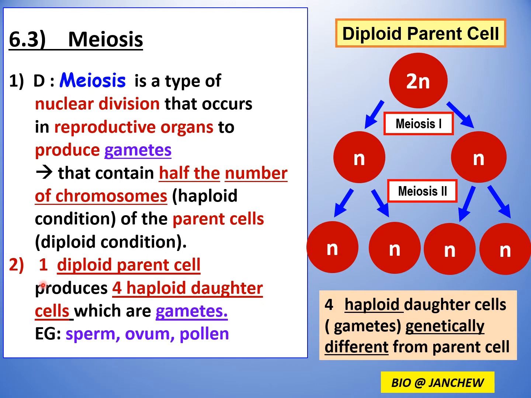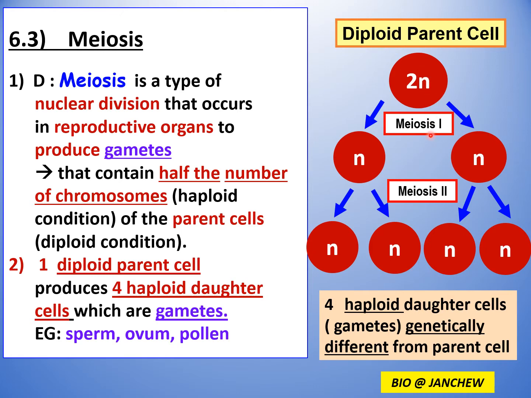Thus, in meiosis, one diploid parent cell produces 4 haploid daughter cells, which will develop into gametes. Examples of gametes are sperm, ovum, and pollen. So here we have a diploid parent cell, and it undergoes meiosis.